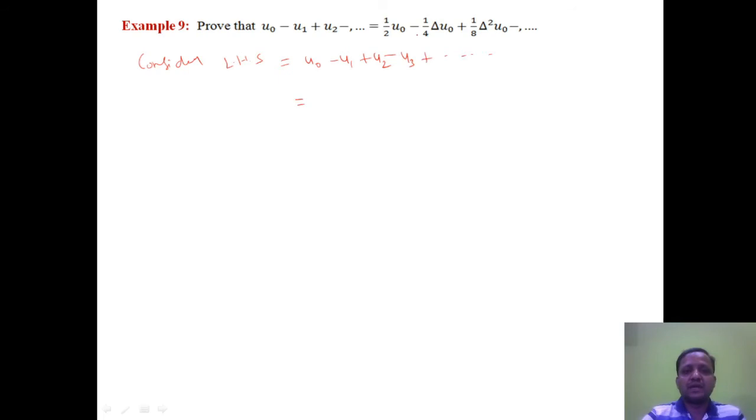We need to prove that the left hand side is equal to the right hand side. The right hand side contains u0 only. So you can write u1, u2, u3 in terms of u0 using the shift operator, plus and so on.